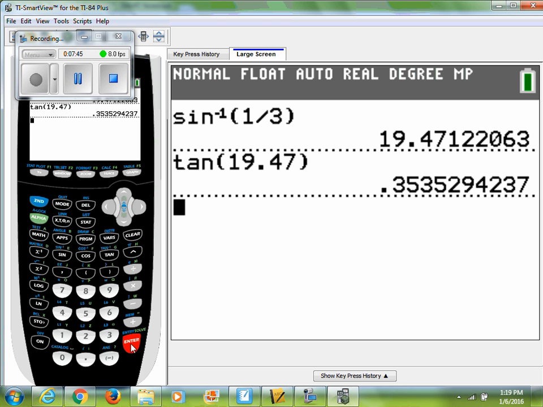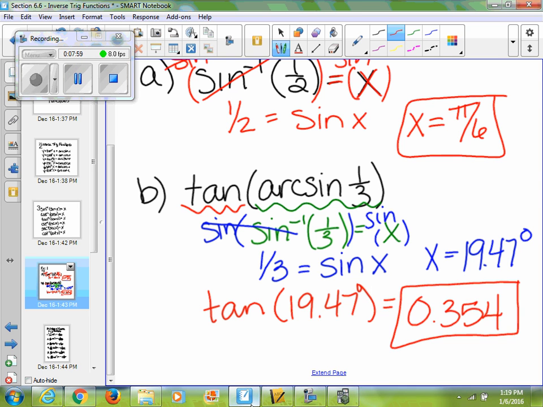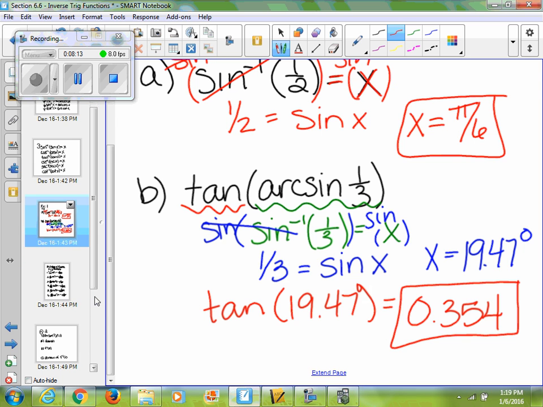And that gives me a value of approximately 0.354. So the tangent of the arc sine of 1/3 is approximately 0.354. Okay, so use your unit circle to be exact. If it's not on your unit circle, use your graphing calculator, and that will give you the second value.